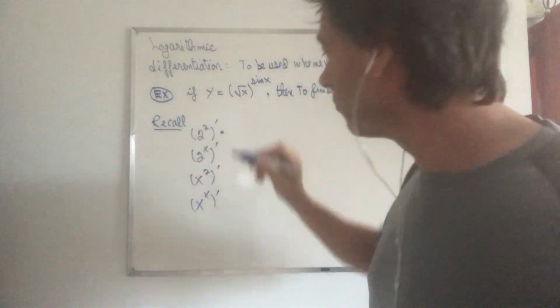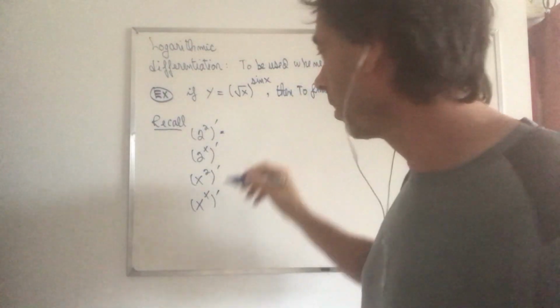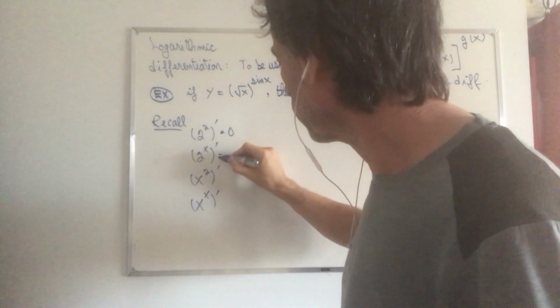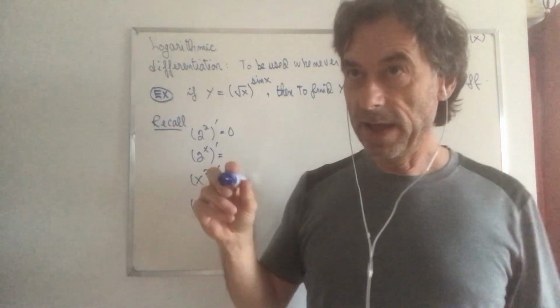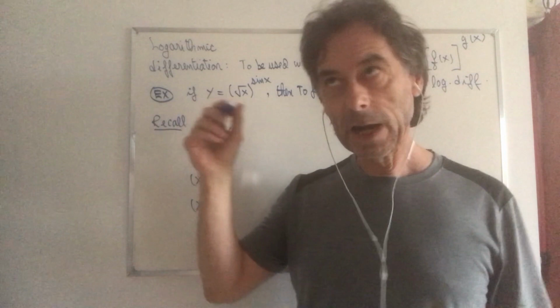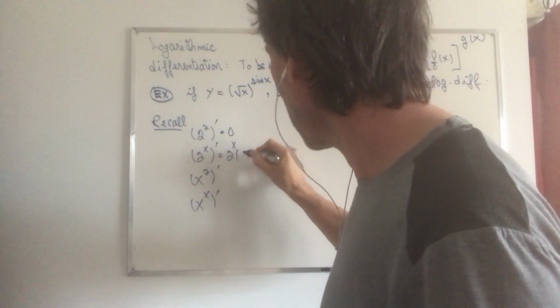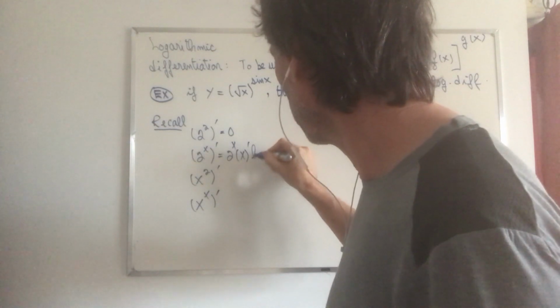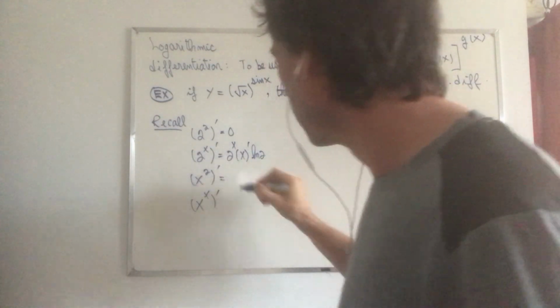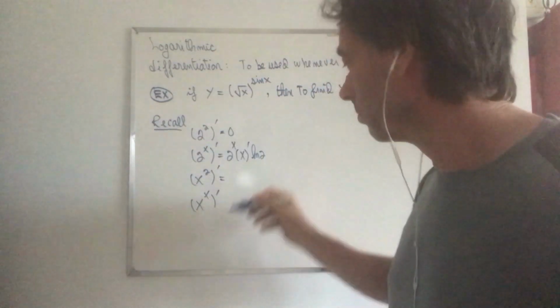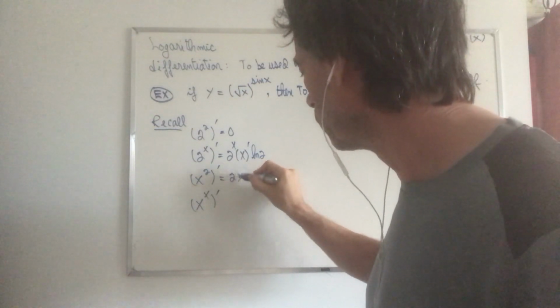What is the derivative of 2 to the 2? What's the derivative of 4? It is 0. What's the derivative of 2 to the x? Well, isn't that rule 14? 2 to the x, x prime, ln 2. What's the derivative of x to the 2? Voilà, that's easy, 2x.